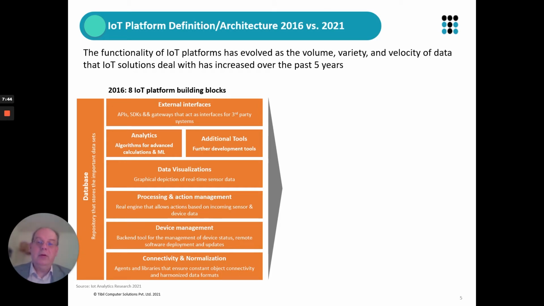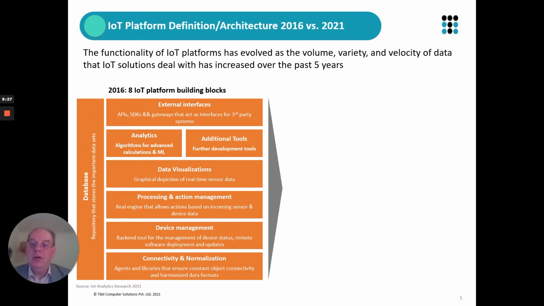With the chart we showed you with the growth trajectory which we anticipate over the next even only 4 or 5 years, and with what we have said already, IoT platforms have to evolve, because they have to deal with a much bigger volume, with a much bigger variety and velocity of data that IoT solutions will bring to the table, and that's why it's no surprise that the building blocks on how Internet of Things or IoT platforms have been designed have been changed dramatically over the last couple of years.